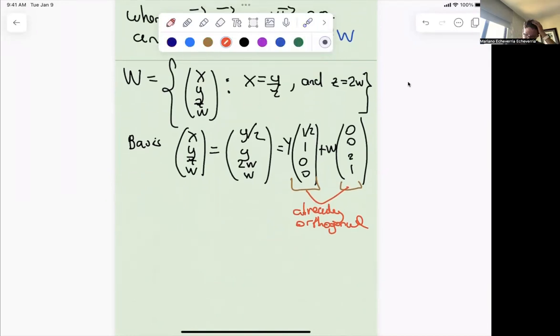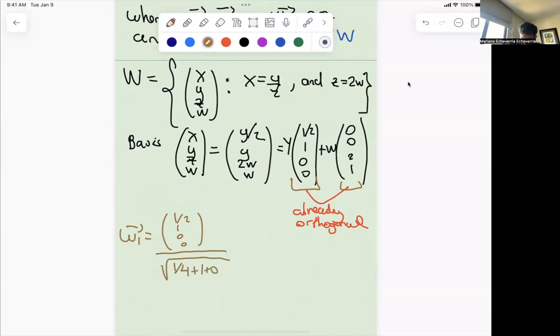So the w we care about is (1/2, 1, 0, 0) divided by its length. What is the length of this vector? Remember the Pythagorean theorem: you square each entry, so it's 1/4 plus 1 plus 0 plus 0.